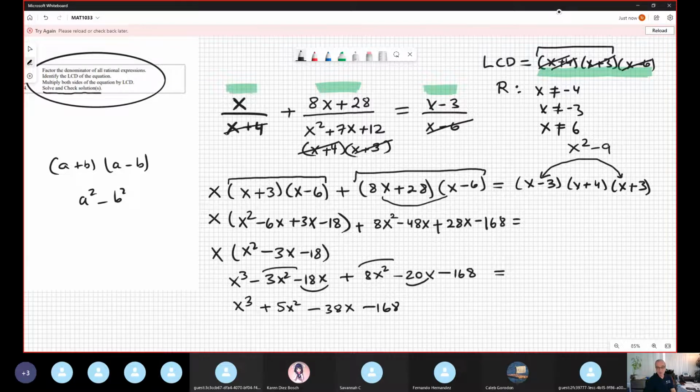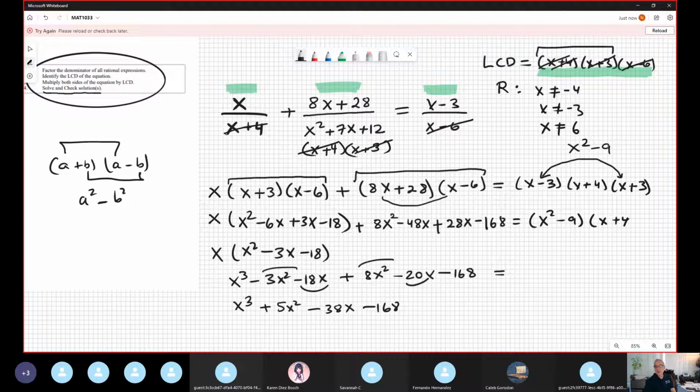This is special multiplication. You multiply first and last, and you always put minus in between, like a times a, a squared, b times b, b squared, and minus in between. Basically, so far we have x squared minus 9 and x plus 4.